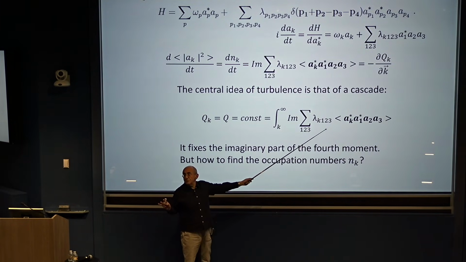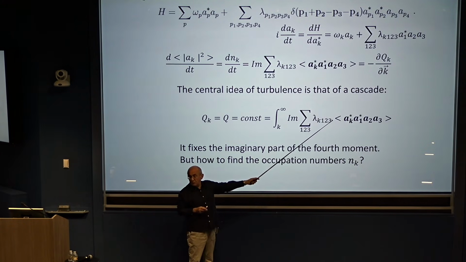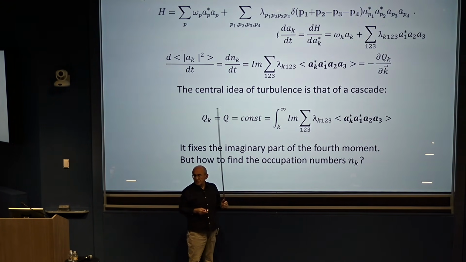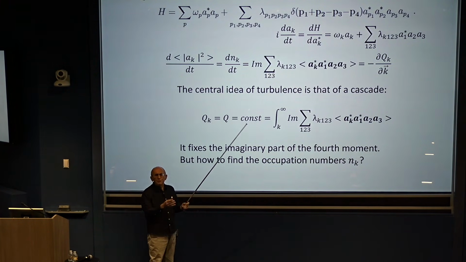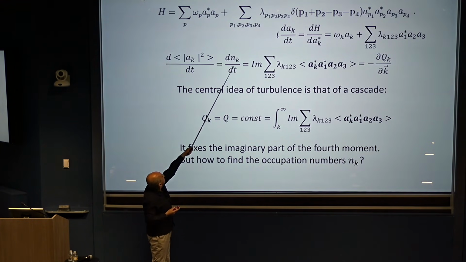It immediately gives me this fourth cumulant. At this point, I know exactly what the form of this fourth cumulant is. It's an analog of the 4/5 law of Kolmogorov for incompressible turbulence. For nonlinear Schrödinger later, I'm not sure. There are also beautiful ways to write it in R space, where it's really a two-point fourth-order moment. We know it. Now the problem is to get n.